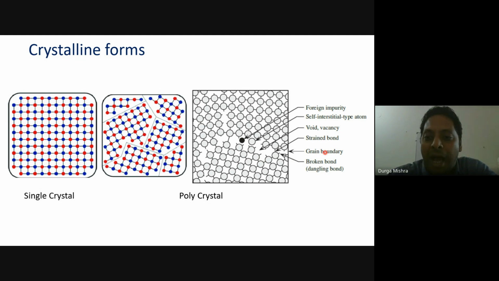So you will have many interesting interfacial features that will arise at the grain boundary. Many of the impurities, or some of those imperfections or defects that we'll discuss, will be observed only at the grain boundary.